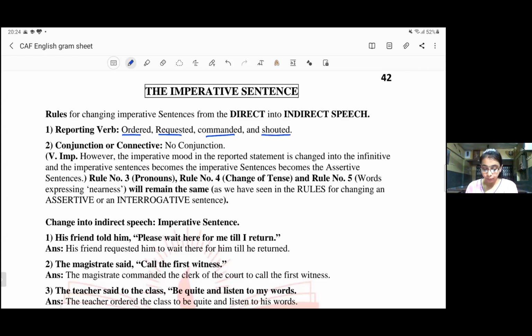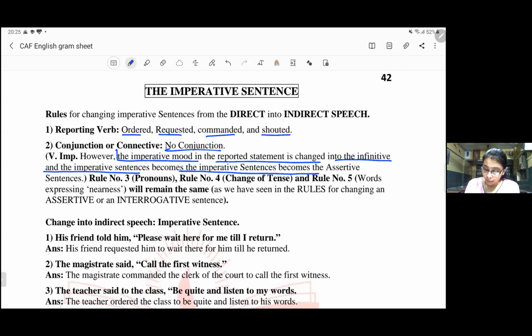Right? Connective, no conjunction. Very important. However, the imperative mood in the reported statement is changed into infinitive.